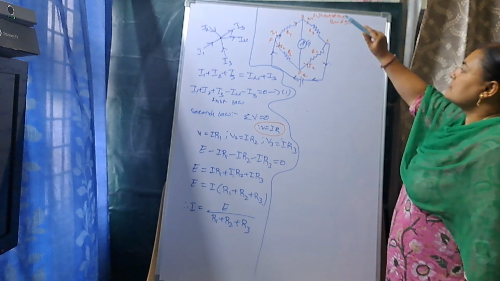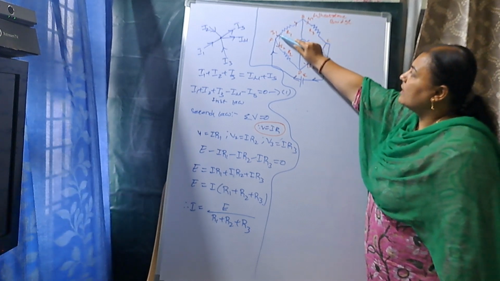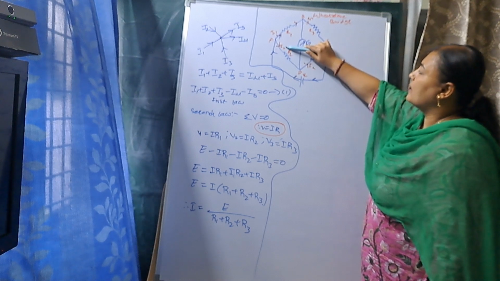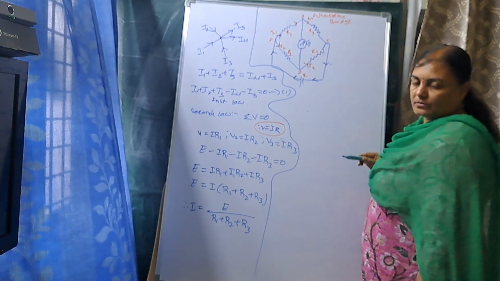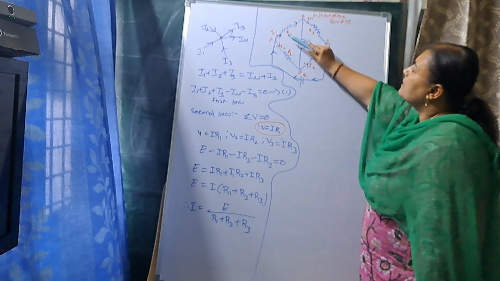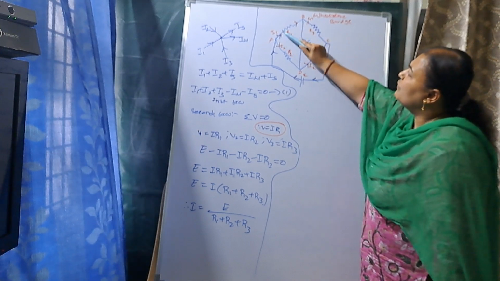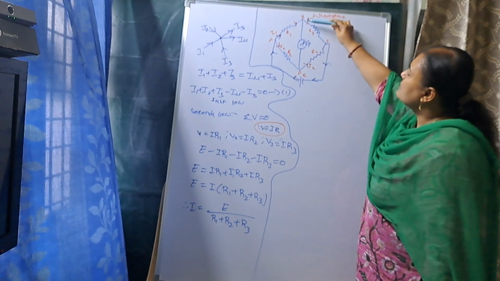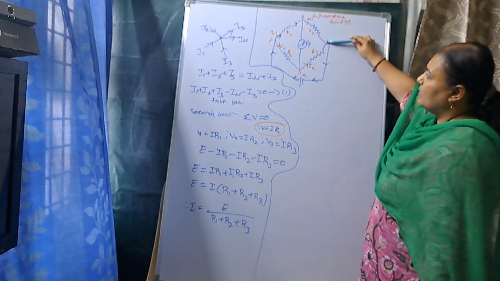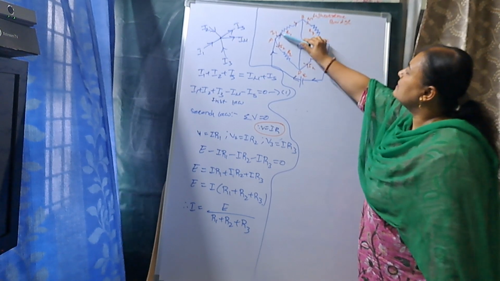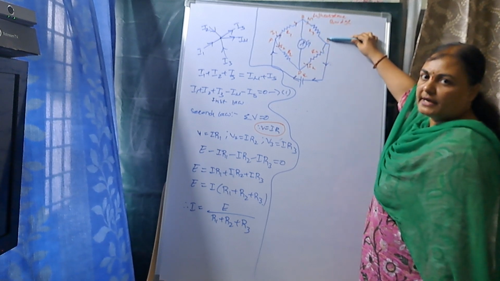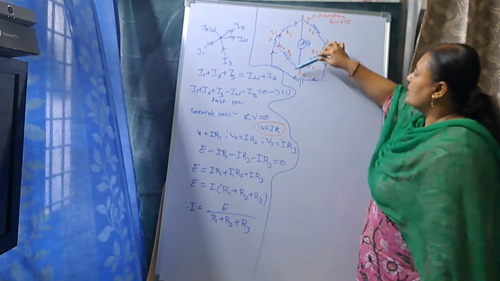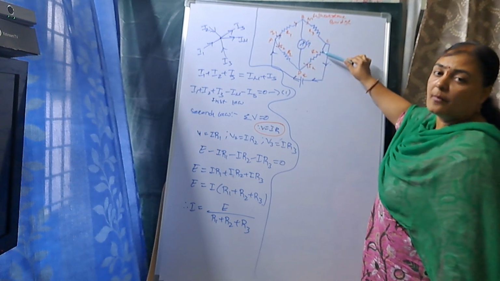In the first connection, the amount of current is I1. In the second connection, the current is I2. Here I3 and I4. Observe the figure. From A to B the current is moving towards B, and B to C the current is moving like this. These two are moving in one direction, and A to D and D to C, these two are moving in the opposite direction.